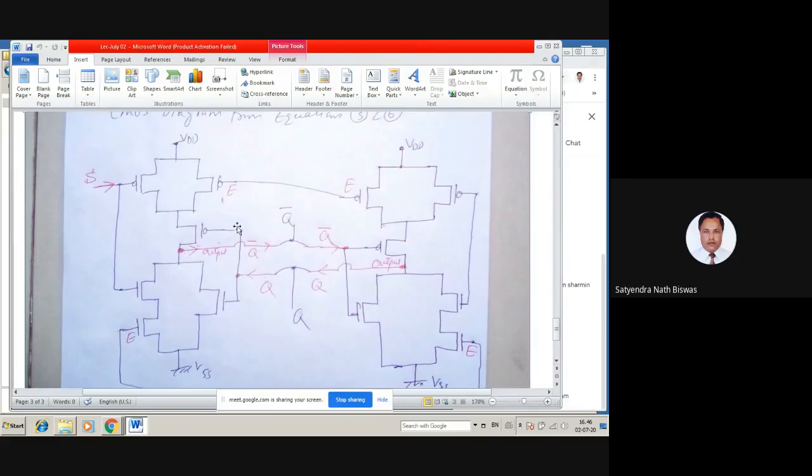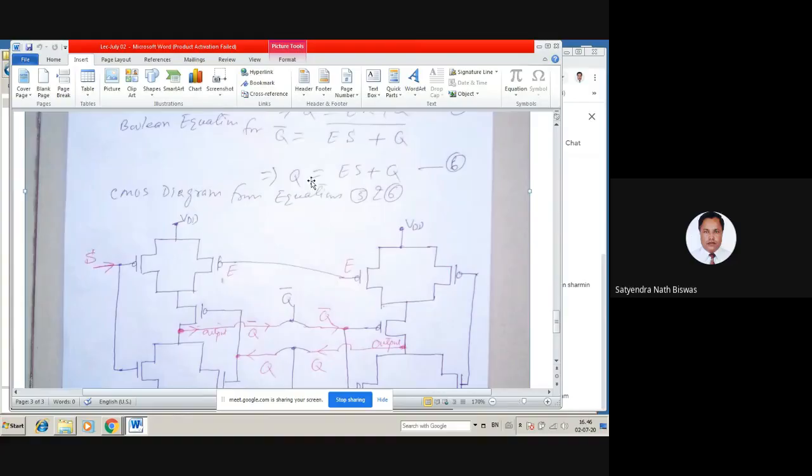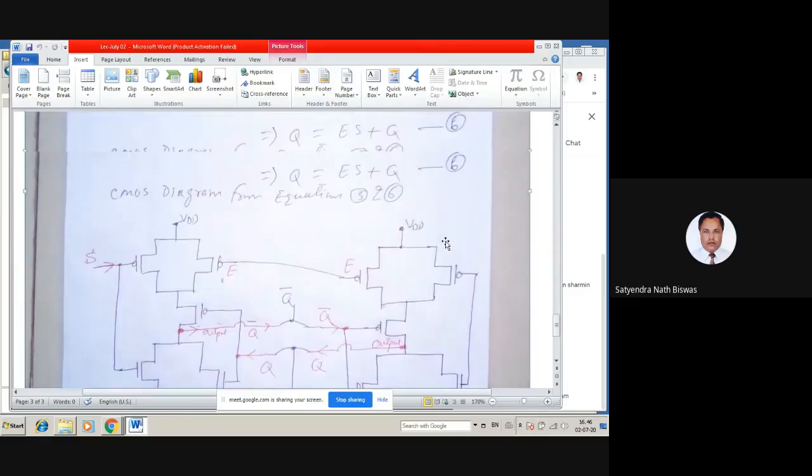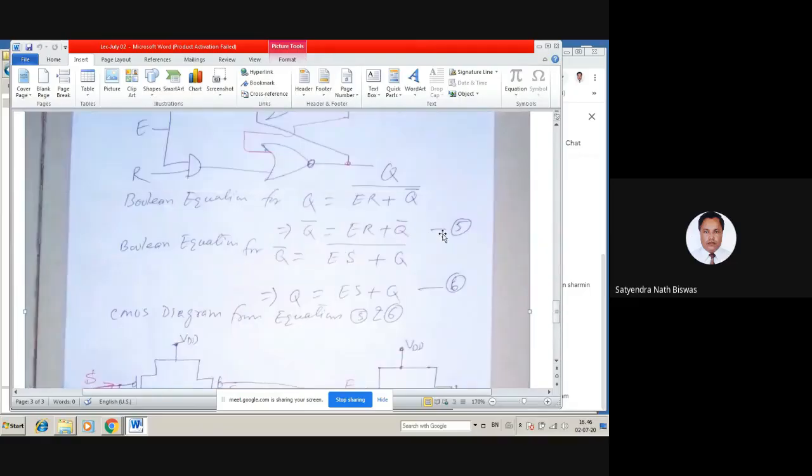Output coming from the middle, and the output will be inverted, because in here the output is Q in the equation, so in here the output will be Q bar. On the left side the output is Q bar, and we'll do the same in the right side, the other equation number 5, here is ER plus Q bar, so three inputs: E, R and Q bar.